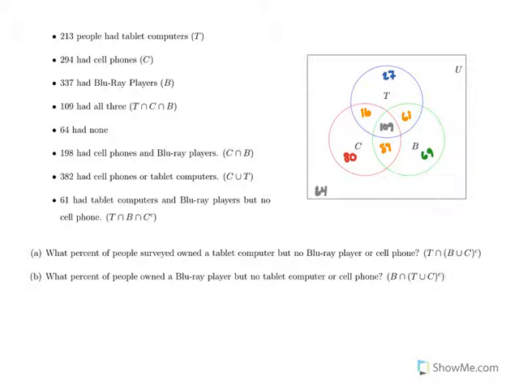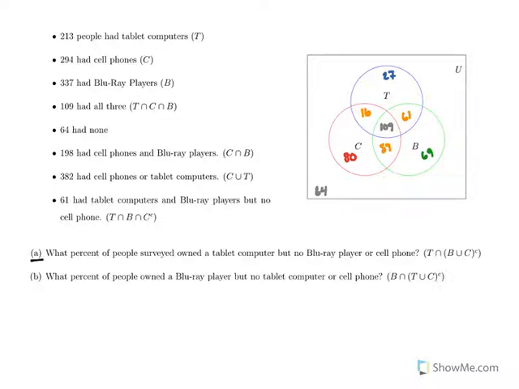So, part A, what percent of people surveyed owned a tablet computer but no Blu-ray player or cell phone? And note that that is the set T and not B or C. So that's B union C complement and T intersect that. So let's think about where that is in the Venn diagram.